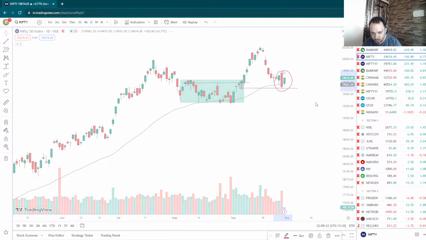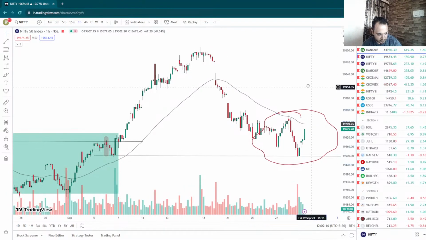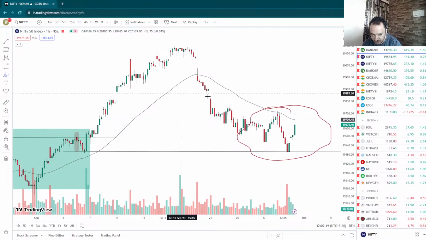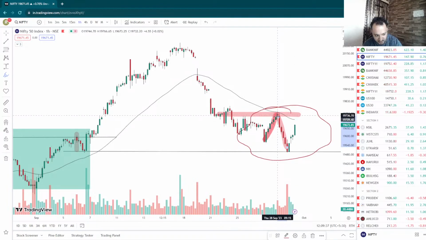Now, would I want to take a long? So the one thing which I always advise you guys not to do is to take a long on the first reaction from the demand. Never do that, right? First reaction can get reversed into a shakeout, so never take a long from the first reaction from any demand actually.